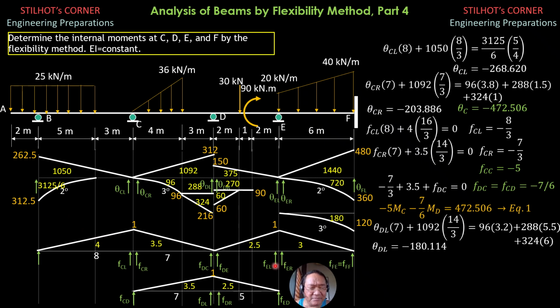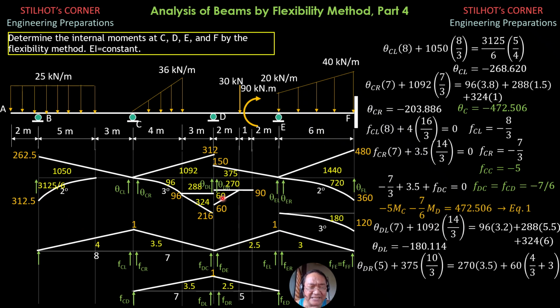Then considering span DE, theta D right, summation moment at E. Theta D right times 5 plus 375 times 2 thirds of 5 or 10 thirds equals 270 times 3.5. 3.5 is half of 3, 1.5 plus 2, so 3.5.